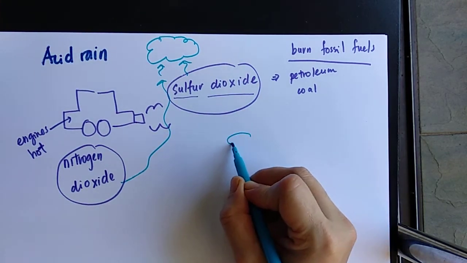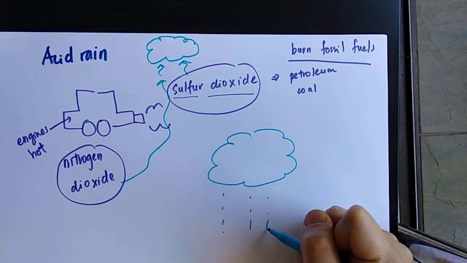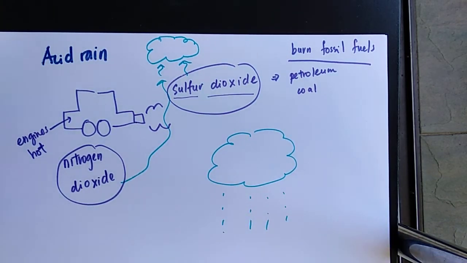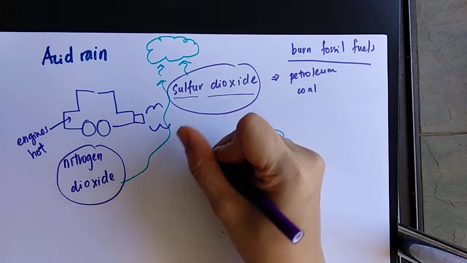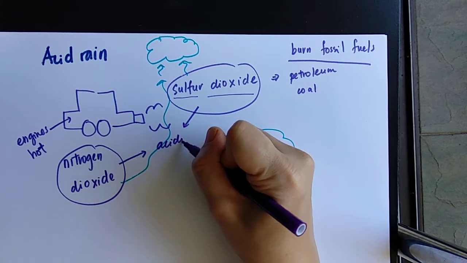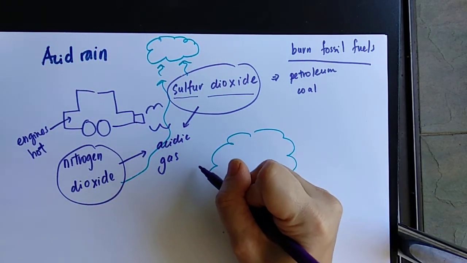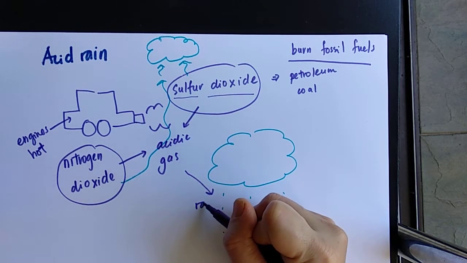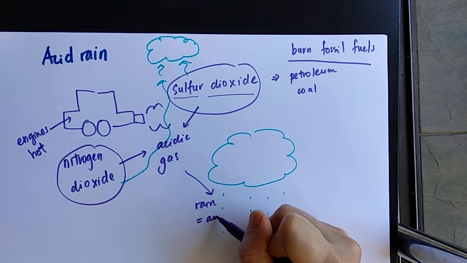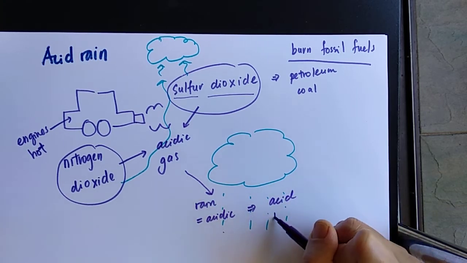So what happens is our rainwater that comes down will become acidic. So remember, because these two gases are acidic gases, when they dissolve in rainwater, they cause the rain to also become acidic, and therefore we call this acid rain.